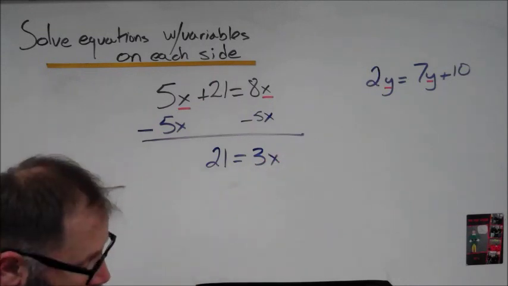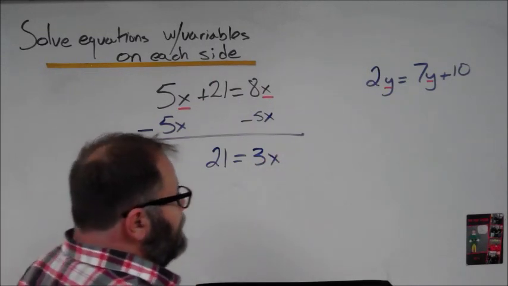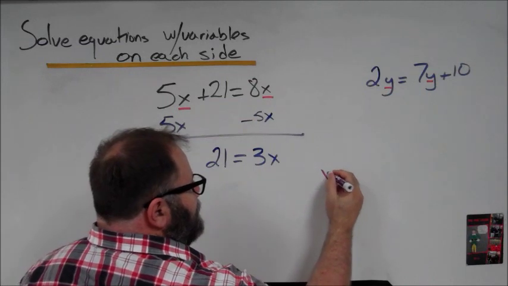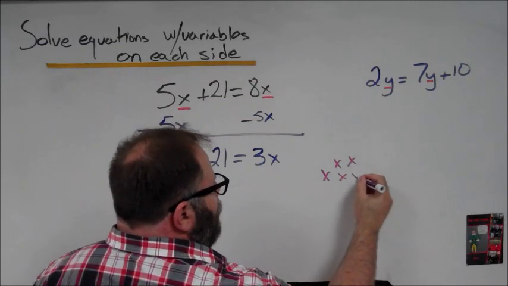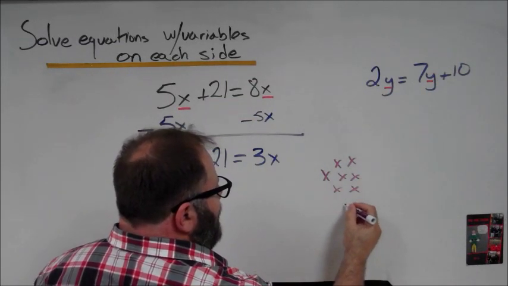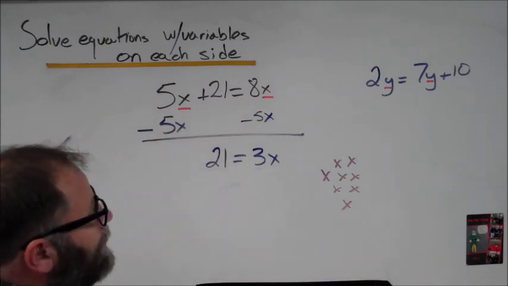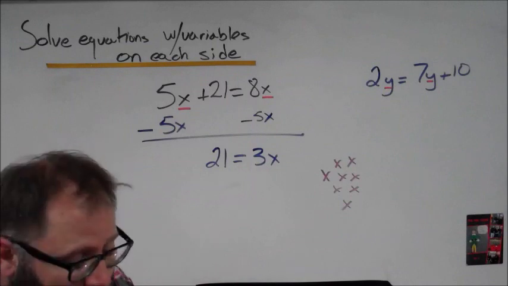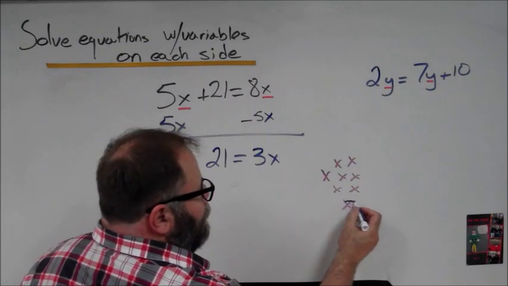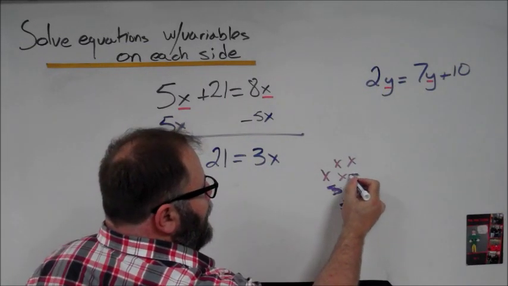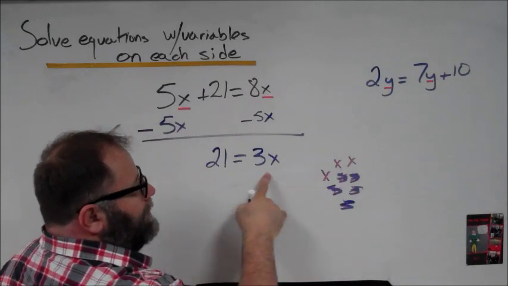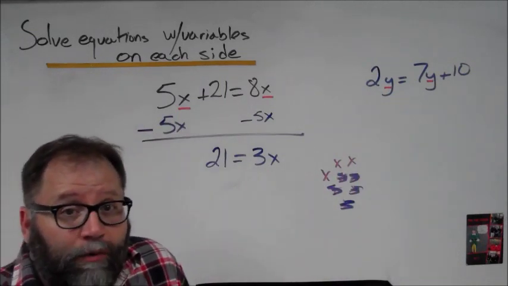Now visually, that would look like this. I have 8 x's, 2, 3, 4, 5, 6, 7, 8. There's 8 x's. And what I'm going to do is subtract 5 of those x's. So let's get rid of 1, 2, 3, 4, 5, and there's my 3 x's left. That's how that works.